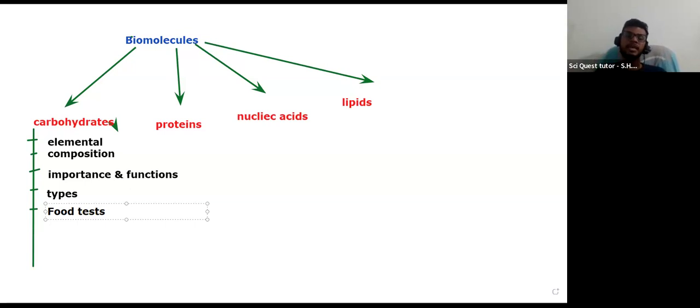That's a confirmatory test, to confirm what disease or condition you have, and accordingly they will give the treatments. That's how it goes, right? Similarly, even in biology or science, there are food tests, students. Now you can see carbohydrates, proteins, nucleic acids, lipids. They have their own food tests.